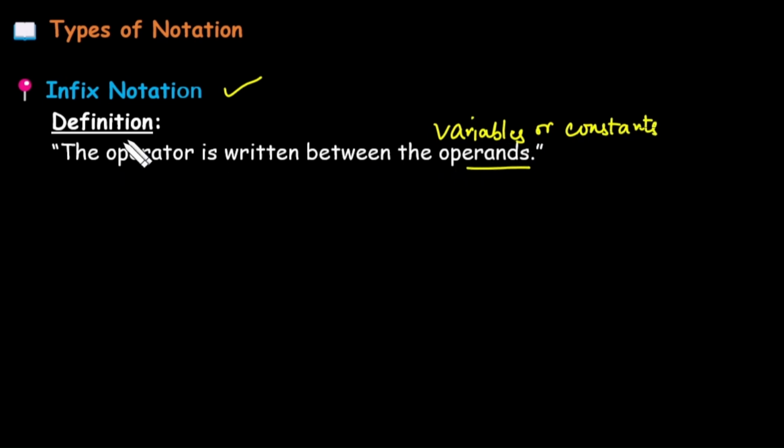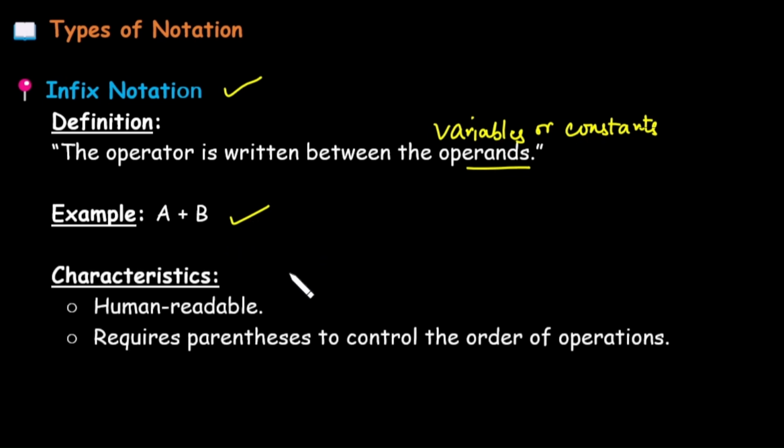For example, we write A plus B. The main characteristic of this one is that it is human readable, meaning humans find it easy to read. Moreover, infix requires parentheses to control the order of operations. But this is tricky for the computer, because brackets and operators have different priorities.